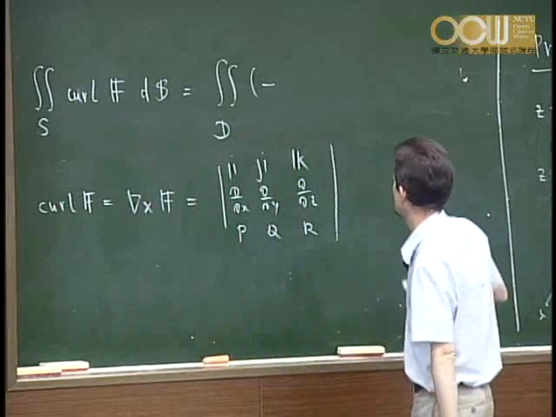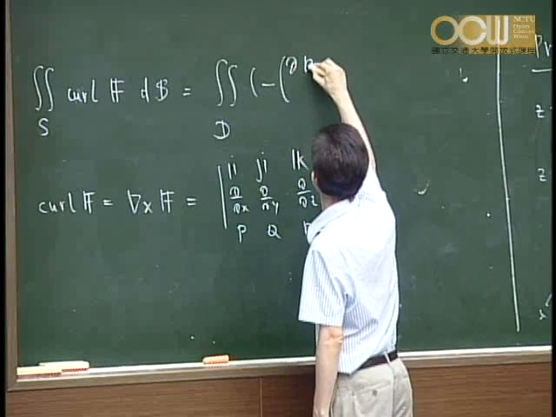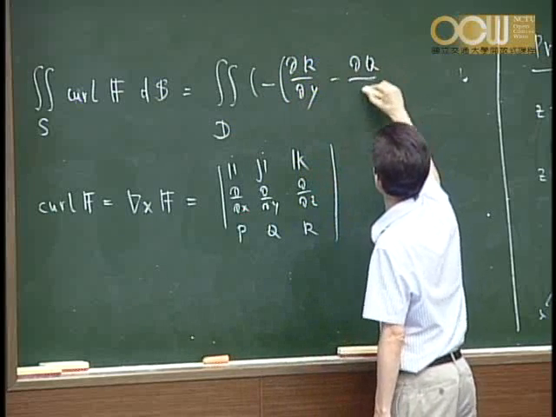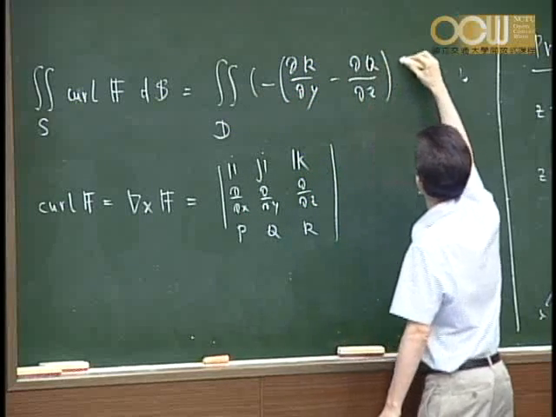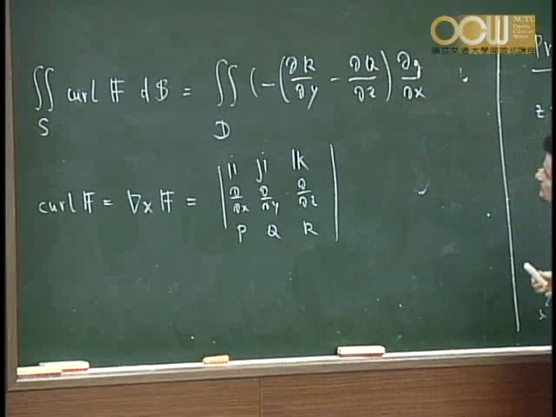So what you have is the partial derivative of R with respect to y minus the partial derivative of Q with respect to z, and then multiplied with the partial derivative of g with respect to x.